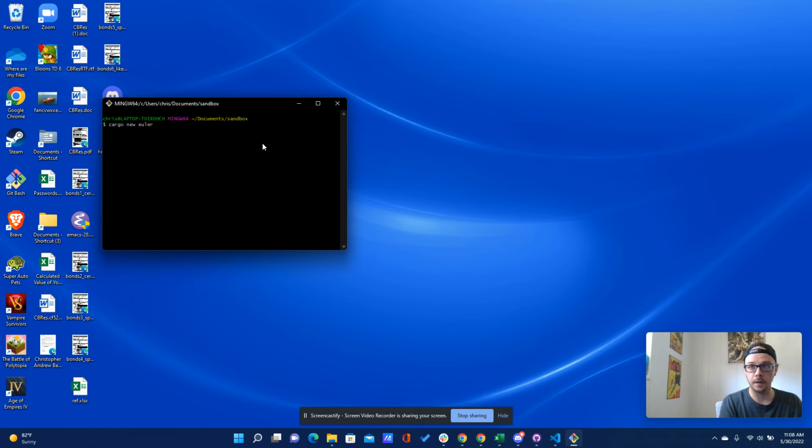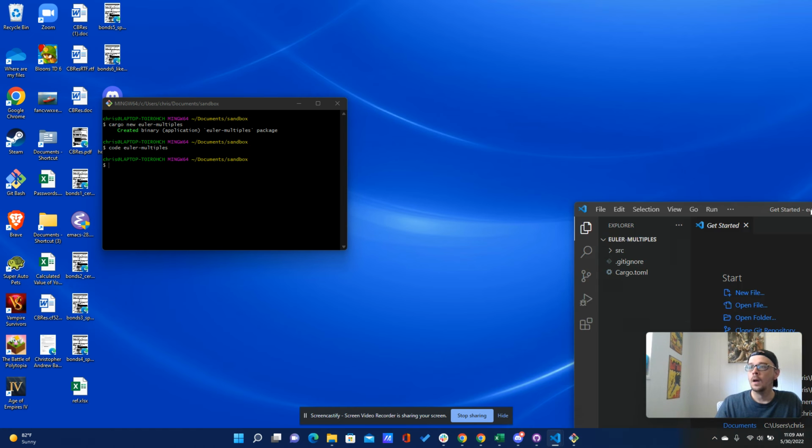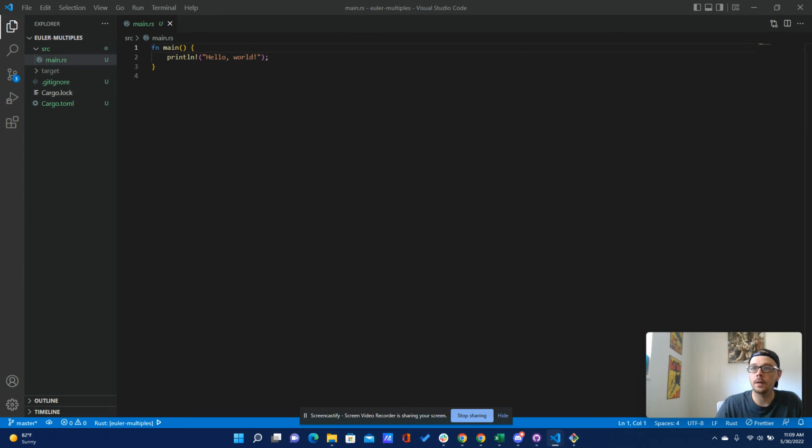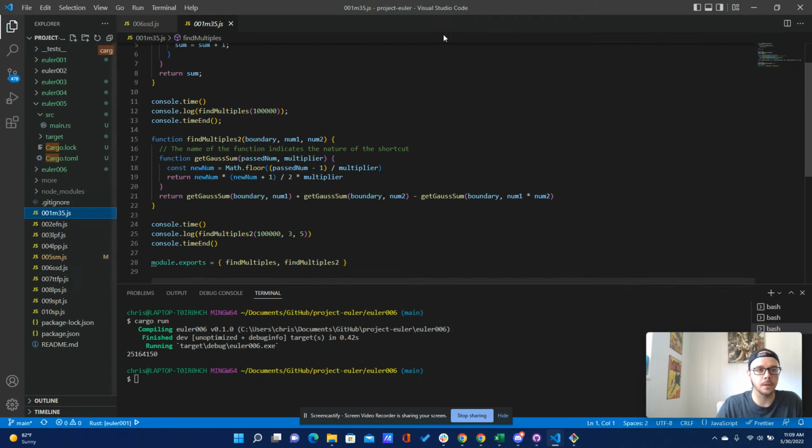So let's say Euler. What is the first one? All right, so we've got our little package here, and just to give you an idea, this is what our JavaScript looked like for this.